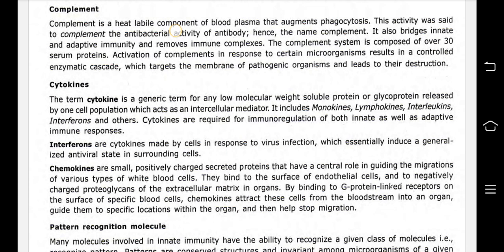It includes monokines, lymphokines, interleukins, interferons, and others. Cytokines are required for immunoregulation of both innate as well as adaptive immune response. Interferons are cytokines made by cells in response to virus infection. Remember, interferons are also cytokines, but they are specific to virus infection.